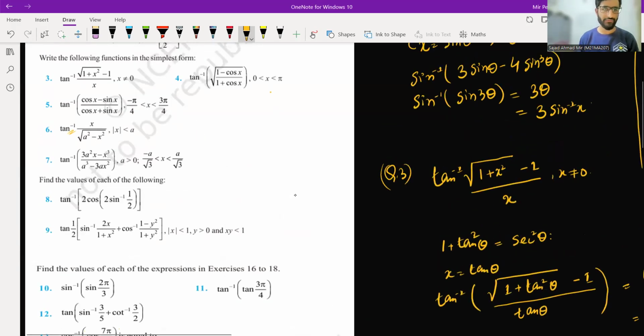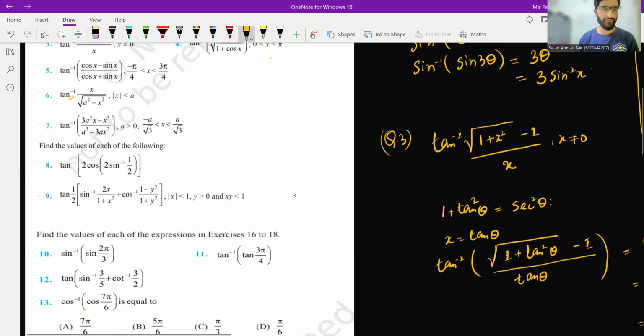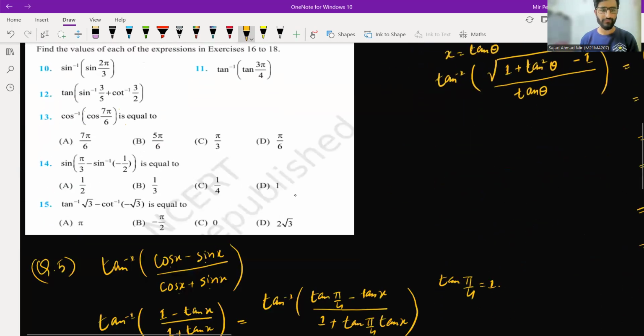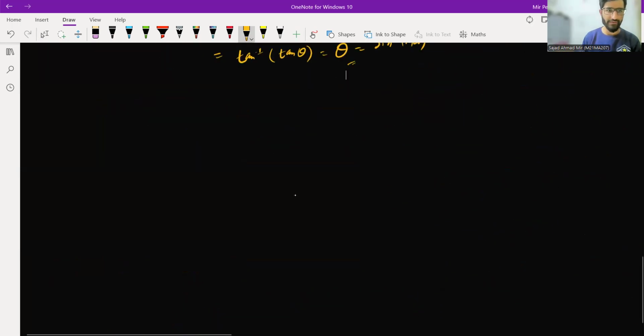Now let's go to the question number 7. So question number 7, we need the identity for tan of 3 theta. Let's first write the question.